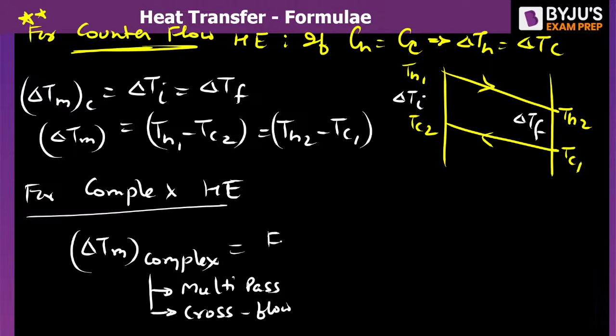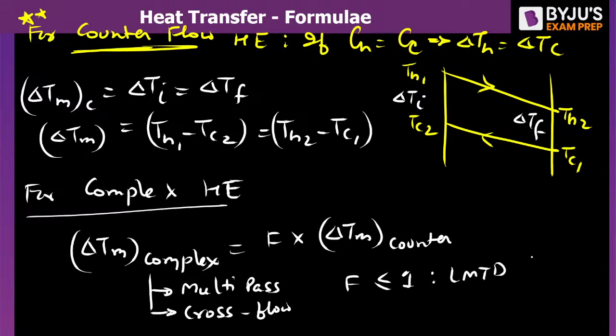So it is given by F into delta Tm, mean temperature difference, for counterflow heat exchanger, where F, which is less than 1, is called as LMTD correction factor.